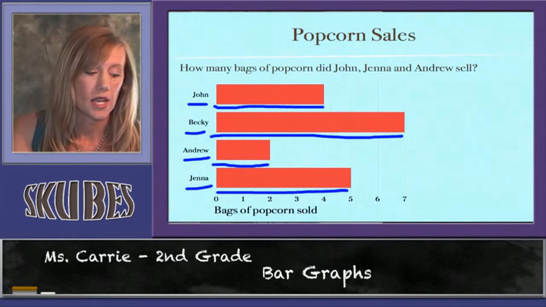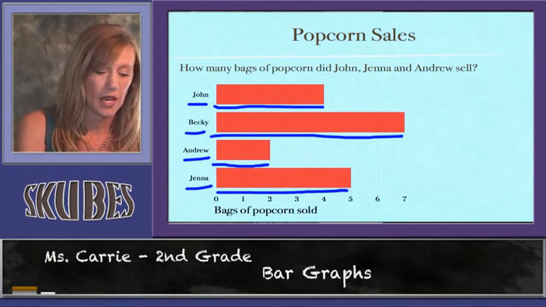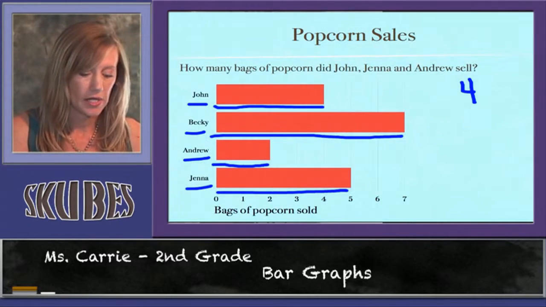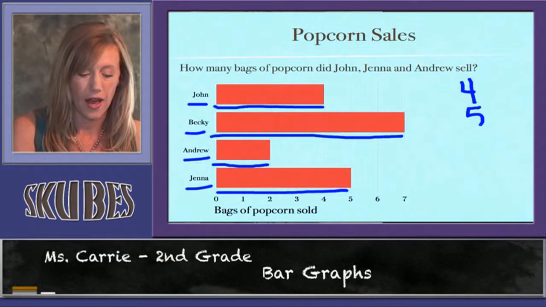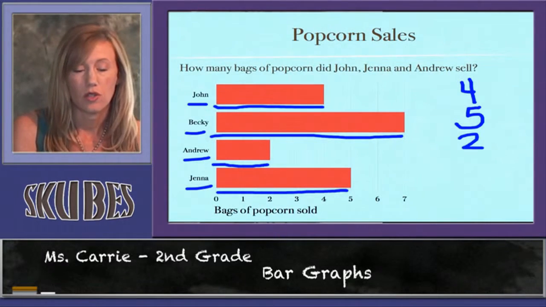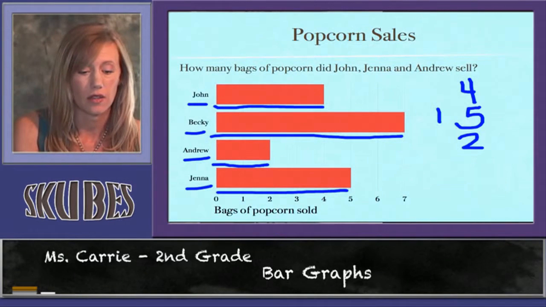Now the question says, how many bags of popcorn did John, Jenna, and Andrew sell? Well, we said that John sold 4, we said that Jenna sold 5, and we said that Andrew sold 2. So to find out how many bags of popcorn they sold, we need to add these numbers together.